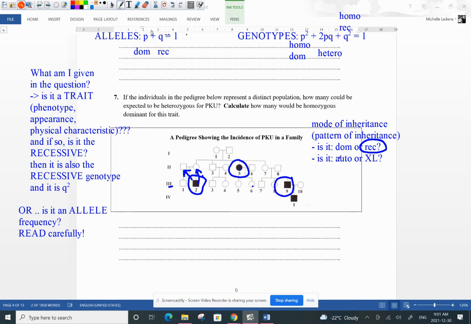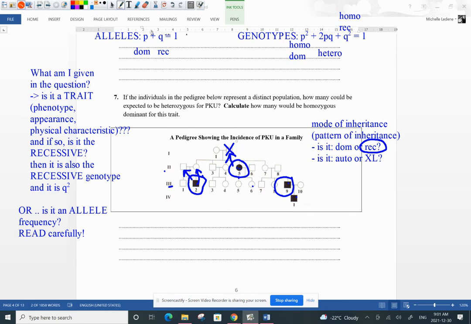Then we decide, is it autosomal or X-linked? Well, let's count up the proportion of males to females. So 1, 2, 3 males and 1 female. I wonder if this is X-linked. Well, let's look at a female who is affected, like this girl, individual 2-5. Her dad is not affected.